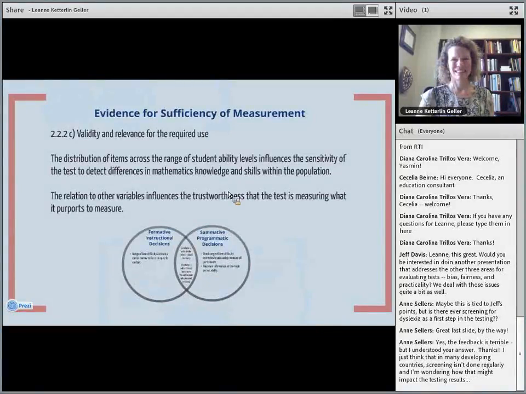Thanks. I just think that in many developing countries, screening isn't done regularly, and I'm wondering how this might impact the testing results. I believe in what Jeff was mentioning, some of those other indicators, such as the consequential aspects of validity.